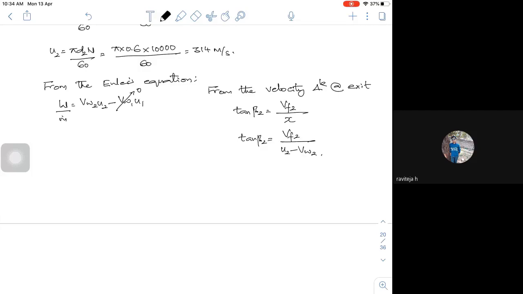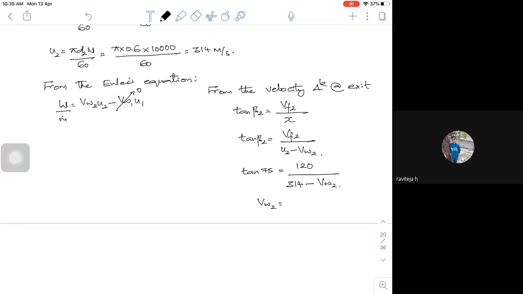So tan 75 is equal to VF2, which is 120, divided by U2, which we just calculated as 314, minus VW2. Doing a little cross multiplication, 314 minus VW2 is equal to 120 by tan 75.